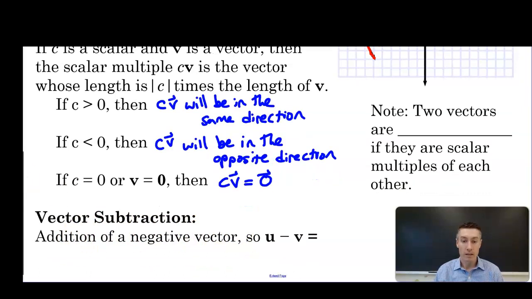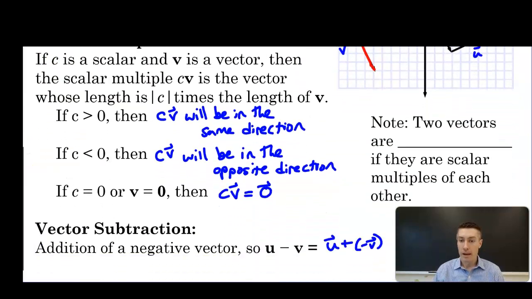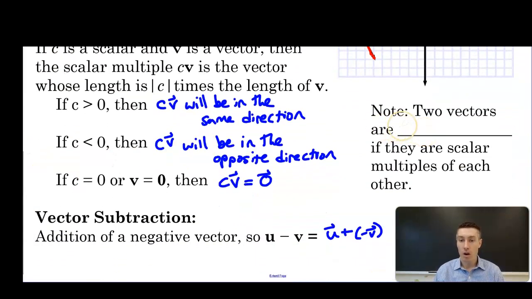So u minus v is really just vector u plus negative v, right? So we would take u, we would take negative v, and we would do exactly what we did with the parallelogram up there. Now, the note on the side, two vectors are parallel if they are scalar multiples of each other.